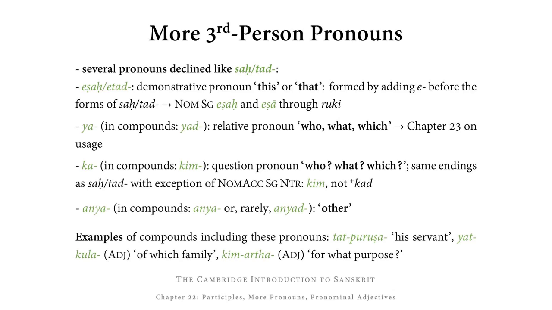A few examples of that would include something we've seen before, namely tat purusha, the servant of him, his servant. Yat kula, of which family, yat the relative pronoun in its stem form, kula meaning family, and kim arta, for what purpose, consisting of arta, purpose, and kim, the stem form of the question pronoun ka.